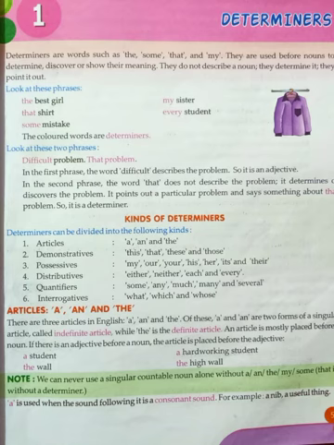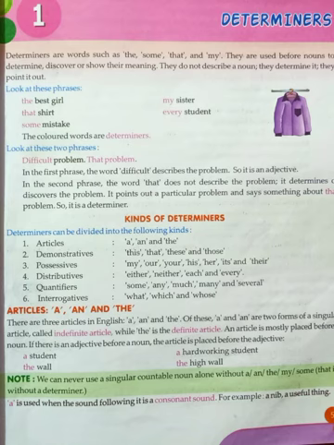So, a is an article, right? But if I say tall boy, tall is an adjective describing the boy. Before the adjective tall, will you use an article? Yes, you will use an article, that is, a tall boy.